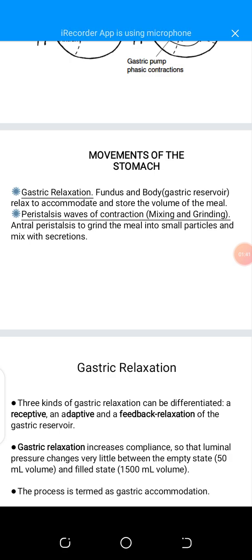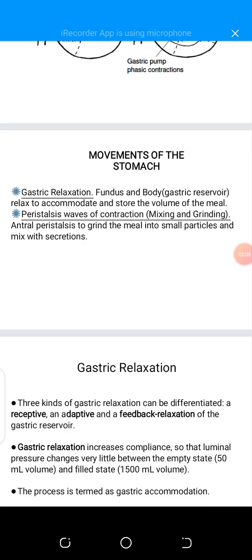The function and the purpose of this motility pattern is to help the stomach to accommodate and store the volume of the meal. And that's why that region of the stomach is called gastric reservoir.